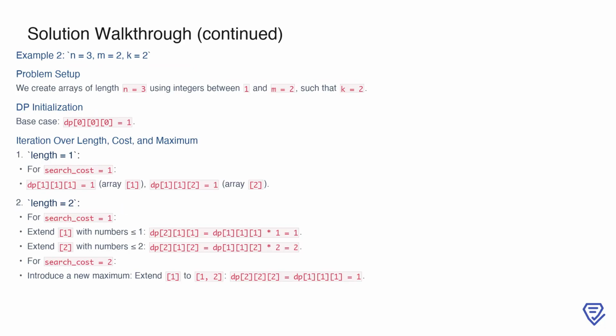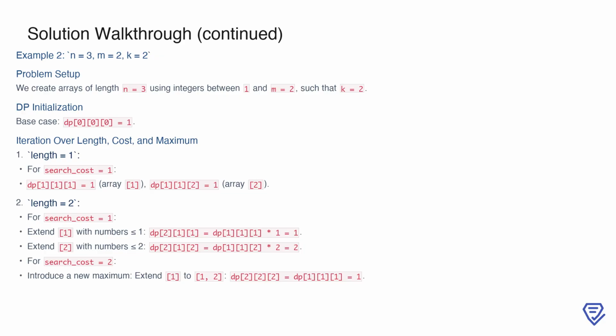Now, let's explore the second example, where we need to create arrays of length 3 using integers between 1 and 2, with a search cost of exactly 2. Similar to before, the base case is dp[0][0][0] equals 1. For length equals 1 and search_cost equals 1, we initialize dp[1][1][1] equals 1 for 1, and dp[1][1][2] equals 1 for 2.